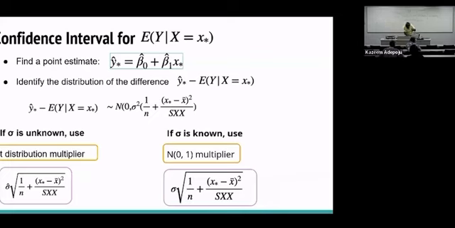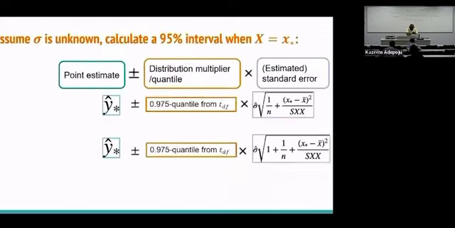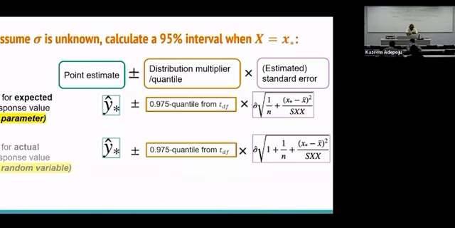Now, I'm not going to write everything in one page. Take a look at this now. If you look at the individual one, the individual one is the last one, and the mean one is the second one.